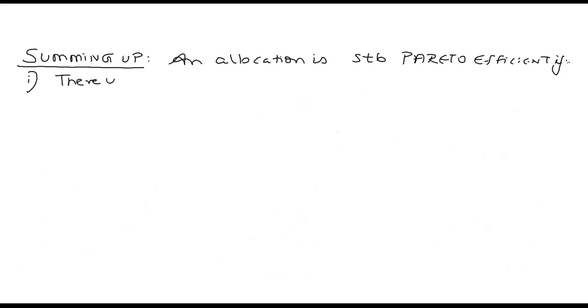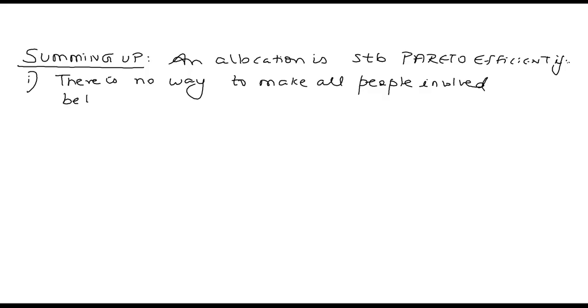An allocation is said to be Pareto efficient if, point 1, there is no way to make all the people involved better off.